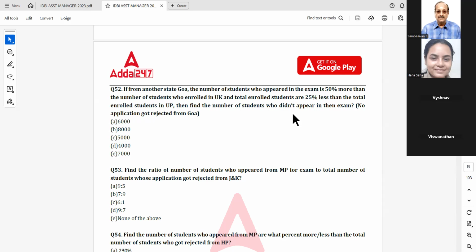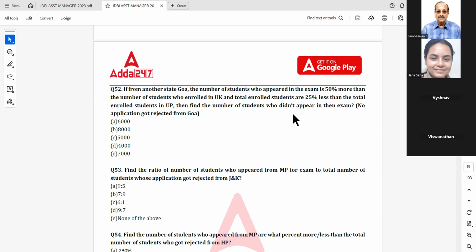What is the answer you are getting, Mr. Vishwanathan? Sir, I am getting 6,000, sir. Now tell me, number of students who appeared in exam 50% more than the students enrolled in UK, sir. The total number of students enrolled in UK is 20,000, sir.